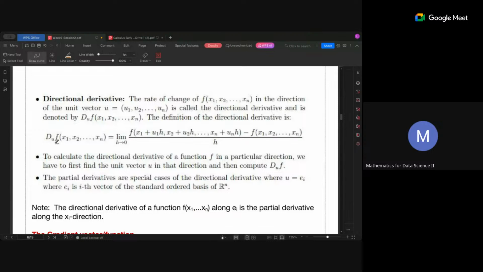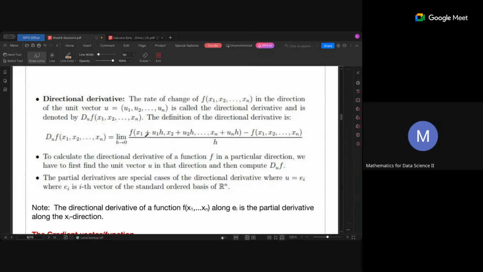So you don't have to consider any specific direction, but any arbitrary direction. For example, earlier we considered only the unit vector along x-axis and y-axis. Now you can consider any unit vector, for example, maybe 1 by root 2 comma 1 by root 2.